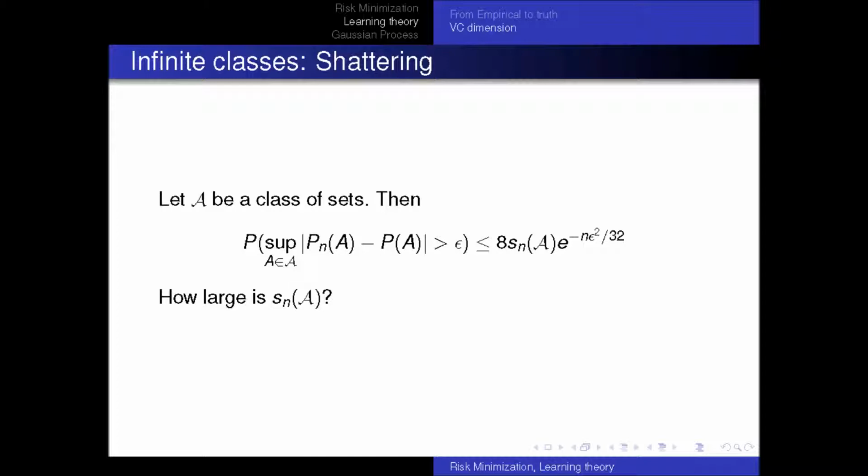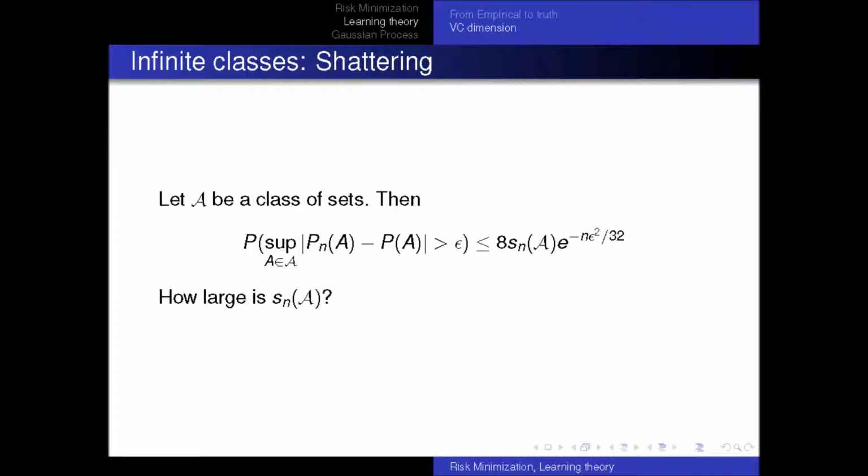So now we are going to ask, how large is this S_n(A)? The VC dimension is defined as the largest n such that S_n(A) equals 2 to the n. Which means D is just the size of the largest set that can be shattered.